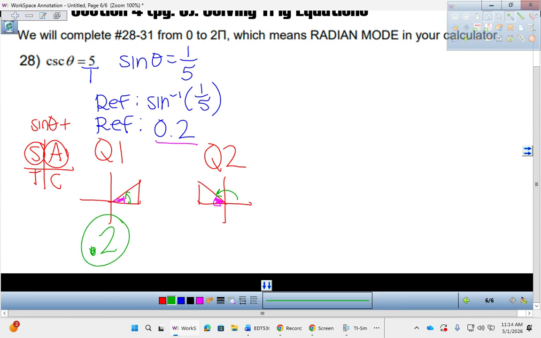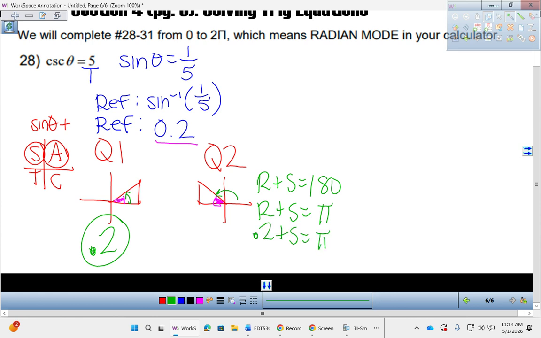But for this one, usually R plus S equals 180. But we're not in degrees anymore. What is 180 as a radian? 180 equals pi. So the reference is 0.2 plus S equals pi.